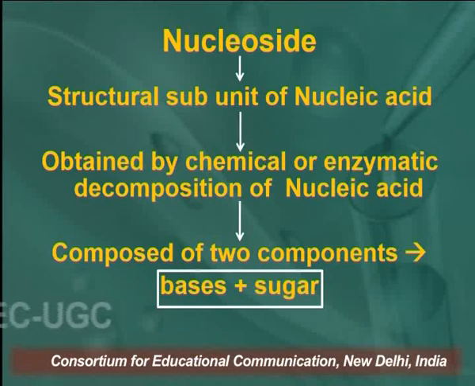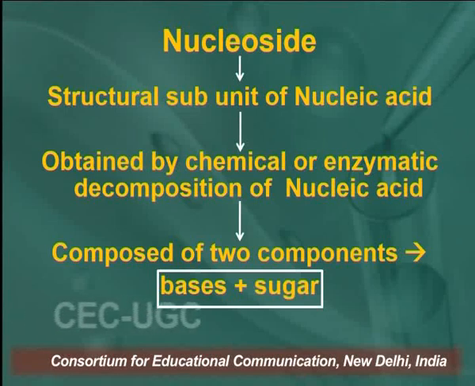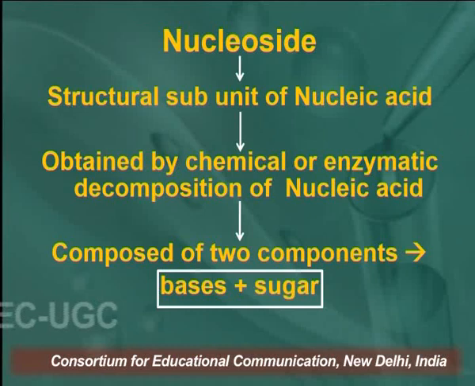The sugar is a pentose sugar, and it can be ribose sugar or deoxyribose sugar. On the basis of sugars, if there is a deoxyribose sugar, we call this deoxyribose nucleic acid. If the sugar is ribose, we call this RNA, ribose nucleic acid. So, the nucleoside has a base and a sugar.